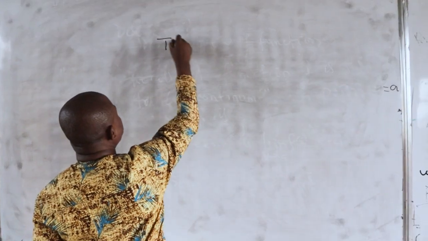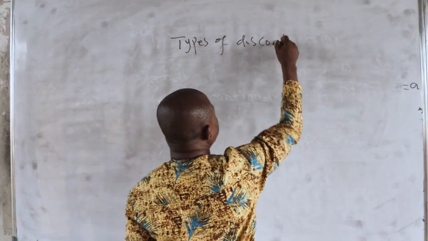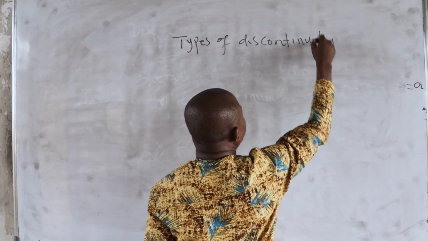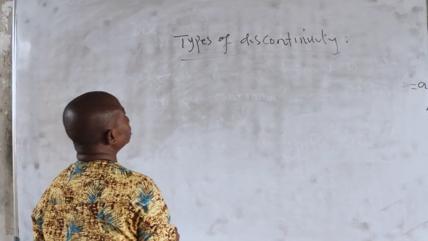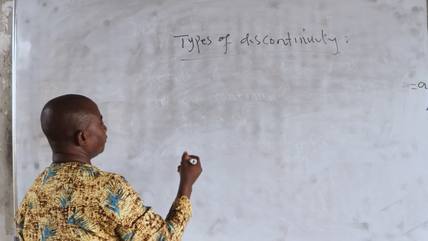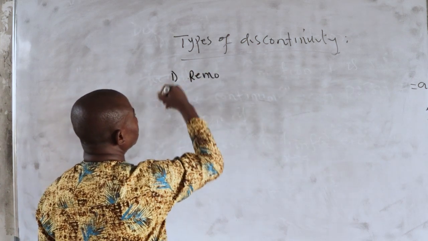Okay, types of discontinuity. Number one, we're going to discuss removable discontinuity.